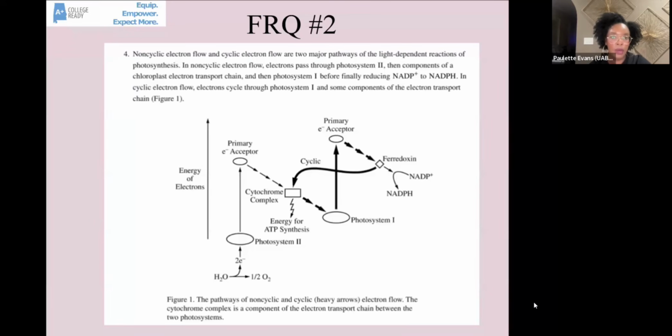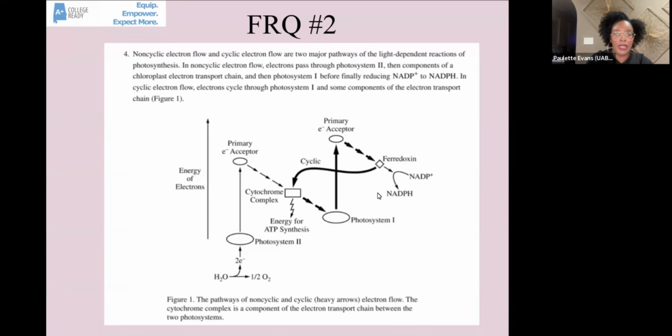In cyclic electron flow, electrons cycle through photosystem 1 and some components of the electron transport chain. So in non-cyclic flow, you should be familiar with that. That's the one we talked about already. And then here they have bolded the cyclic flow. They have it labeled and bolded.